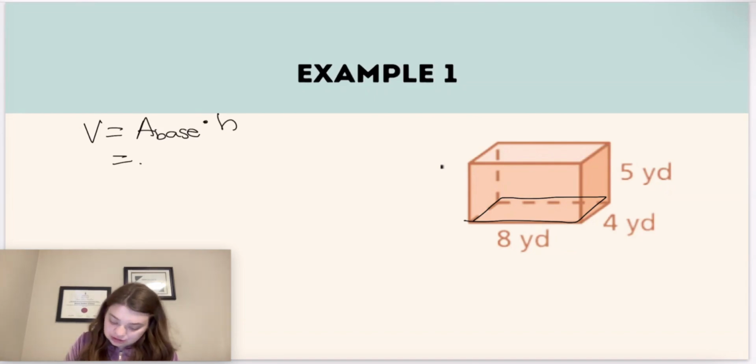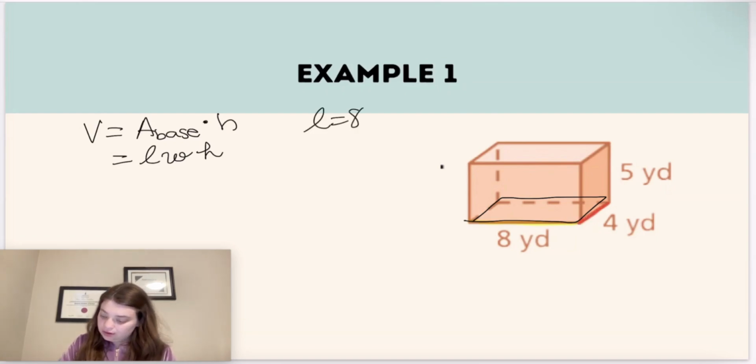So the volume here is just length times width times height. Now, what are the length and the width and the height? Let's identify those. Well, the length is 8. The width is 4. And the height is 5.